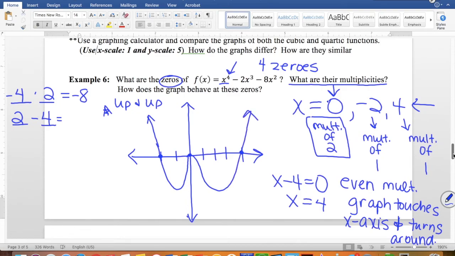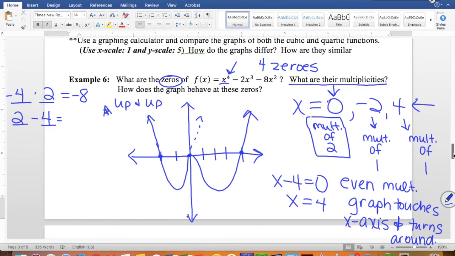It's going to come up to the x-axis, touch it at 0, and instead of actually crossing through, it's going to turn around and go the opposite direction because of its multiplicity. That's all that's meant by the multiplicities and how the graph behaves.